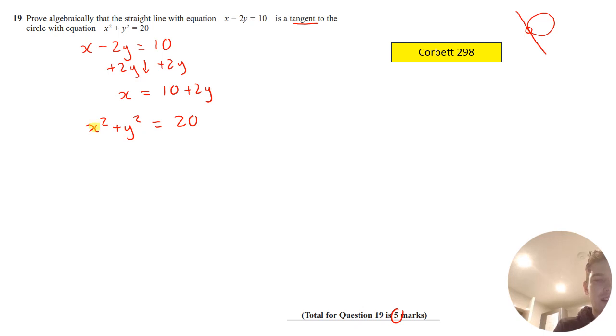I'm now going to substitute that into my quadratic simultaneous equation. So instead of x squared, I'm going to write 10 plus 2y squared, plus y squared equals 20. Let's do a box up here.